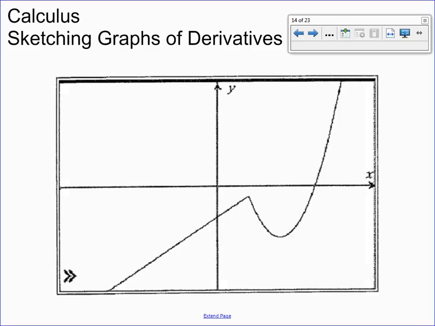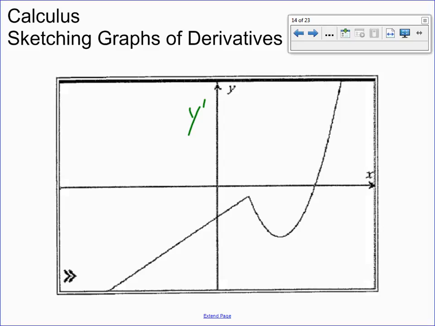So we know that it's okay to have open circles. I'm going to go ahead and do my derivative here in green. And whenever I have a constant rate of change in my original function, where the slope is constant, I'll have a constant value for my derivative. That will translate into a horizontal line. So let's take a look at this first one.